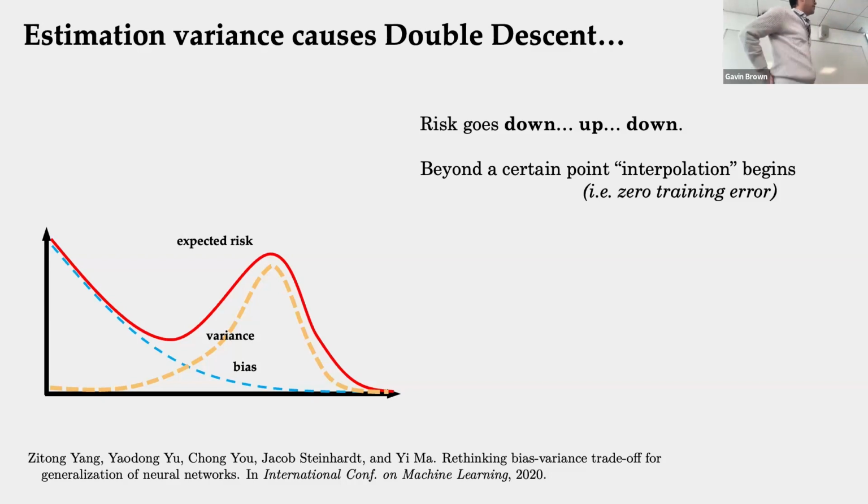What is interesting is that in recent years, this paper down here and several others have observed that the reason this happens is because the bias is going down, but the variance tends to have a unimodal behavior. So as you increase the complexity of the model, the variance starts to rise, but then at some point, for some reason, which isn't completely clear beyond simple linear models, the variance drops. And so you have this peaked variance, which is the cause of this double descent.